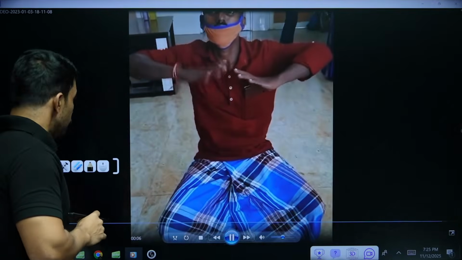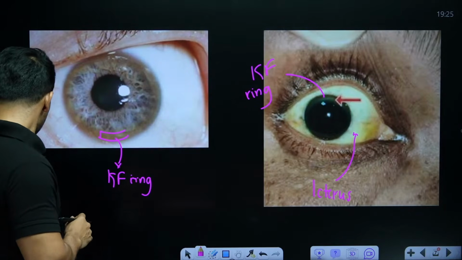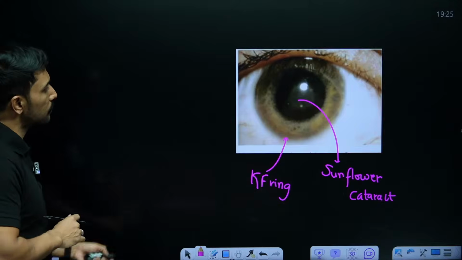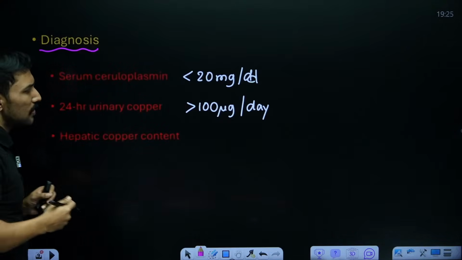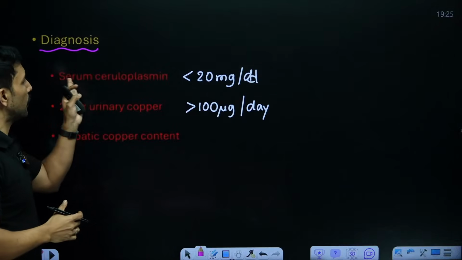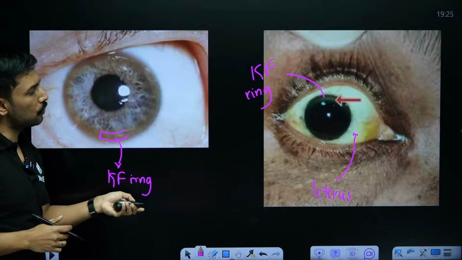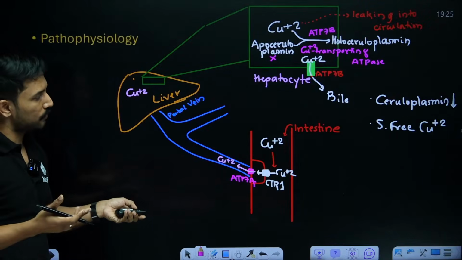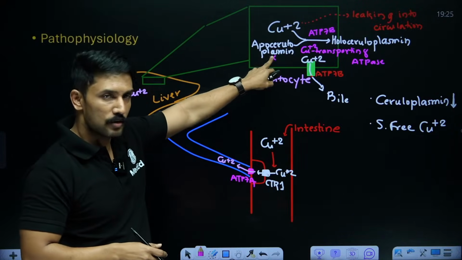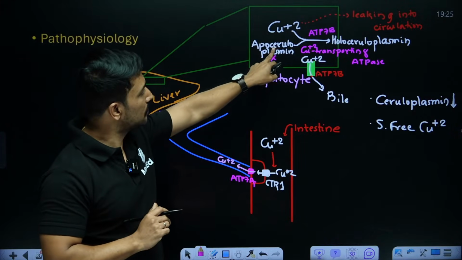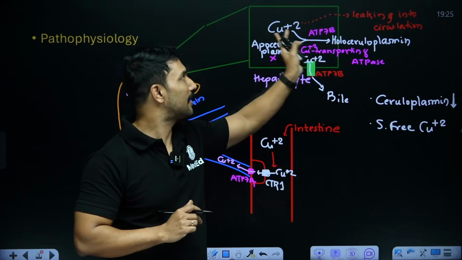Now, if I suspect the patient may have Wilson disease, how will I go for the diagnosis? If you are suspecting it, we begin by looking at the serum ceruloplasmin. I have already told you that the serum ceruloplasmin will be low. The reason is that ceruloplasmin exists in the apoceruloplasmin form, and if it is not bound by copper, it gets destroyed.